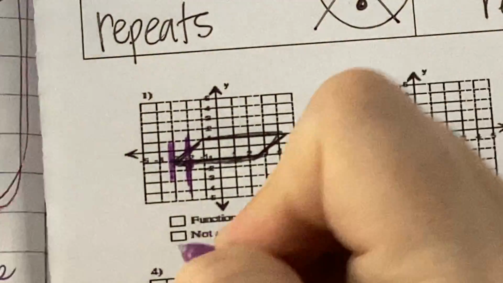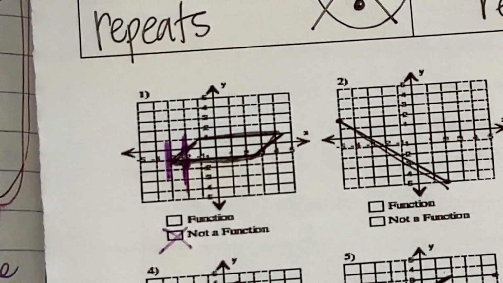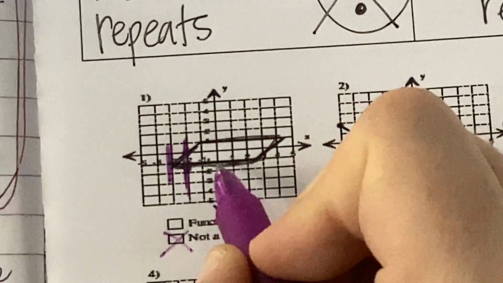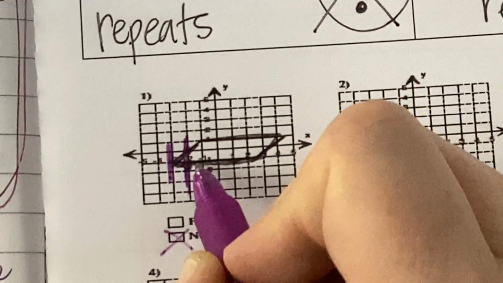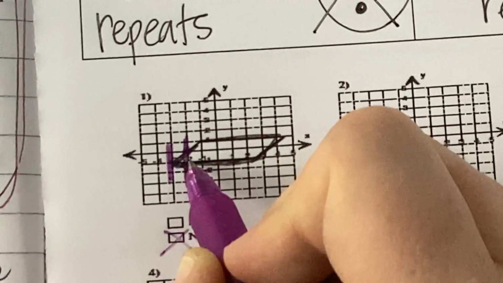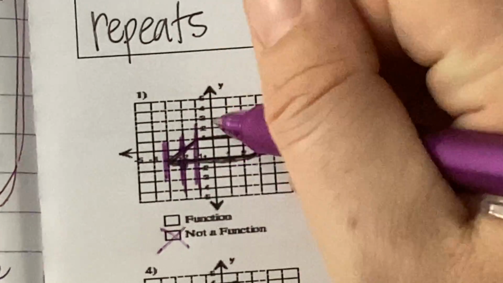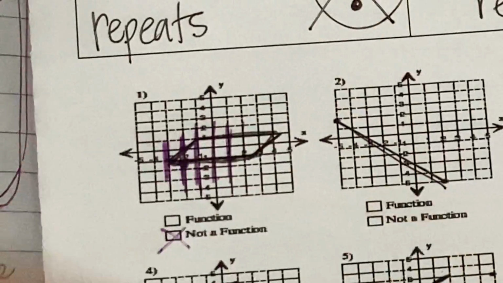This is not a function because the x value repeats. There are 2 ordered pairs that have the same x value. This would be -2, +1, and -2, 0. It also fails it right here and right here. It fails a lot.